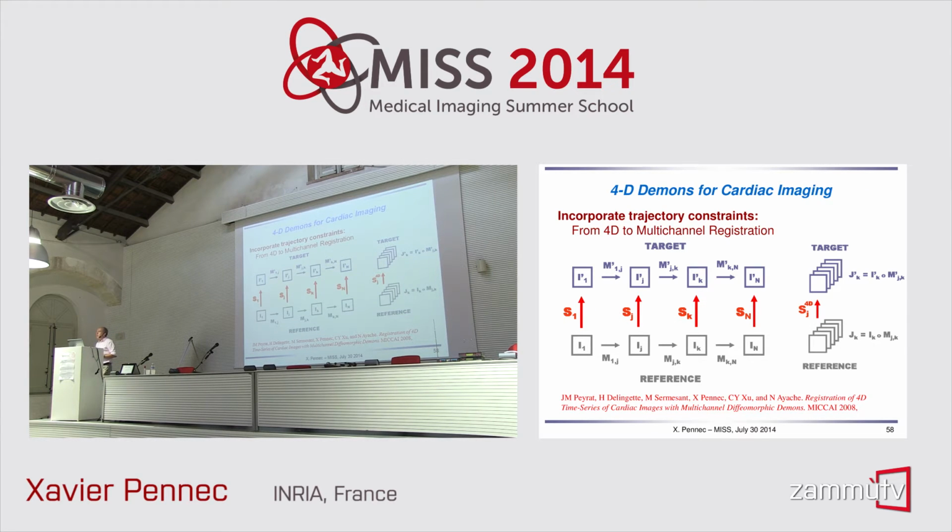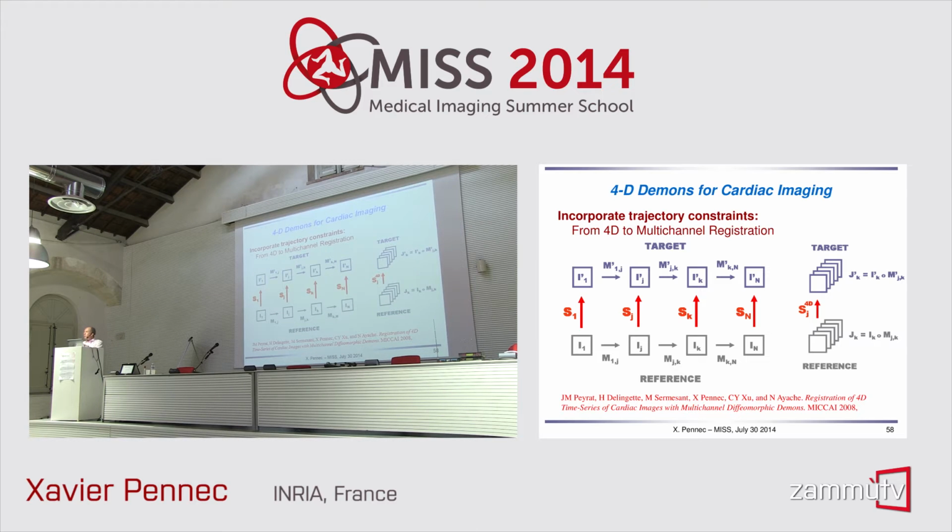A second, still for cardiac images, a second improvement that can be done is to say if I have two sequences, so assume that this is patient 1 and patient 2, and I have time sequences. So here I have deformation over time. I can actually correct for all this deformation and build a pile of images over time. And here for the second patient, I'm going to have a pile of images.